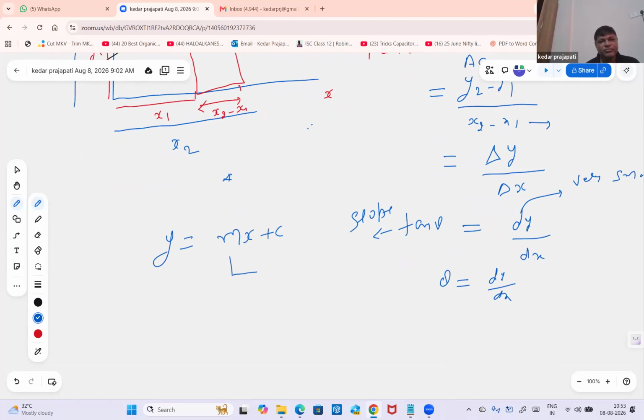Now this m is nothing but tan theta. Do not write this, it will confuse you. This tan theta is slope, and slope is denoted by m. So this m is nothing but tan theta. So you can write it like this. One minute, guys. This m equal to dy by dx. Right?